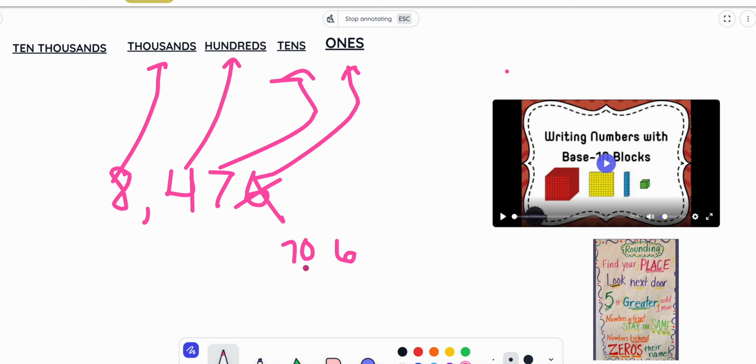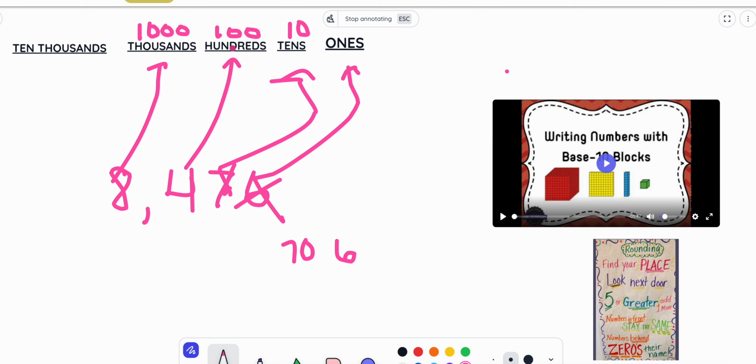Remember, tens always ends in a 0 because the number 10 ends in a 0. So even if it helps you to do this, look, tens, hundreds, and then 1,000. Tens has 1 zero, so then my 7 needs a 0.